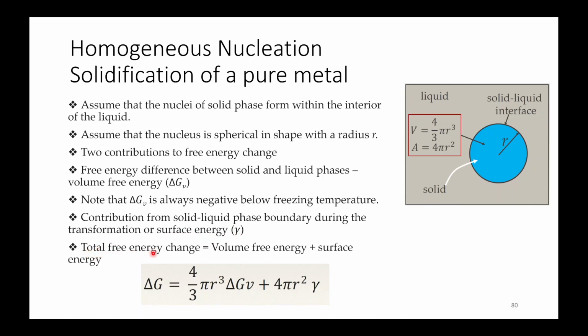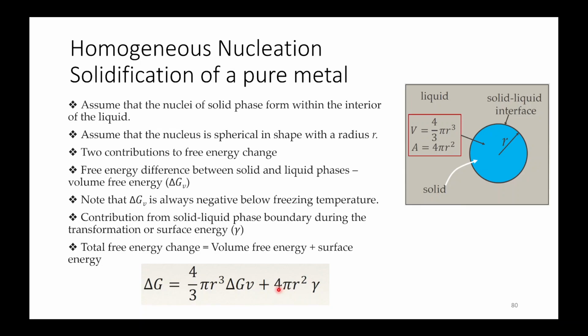So total free energy change will be volume free energy plus surface energy, and so delta G becomes 4 by 3 pi r cube times delta GV, because it is per unit volume, so we have to multiply by the volume of the nuclei.